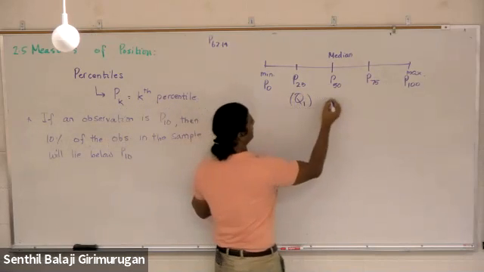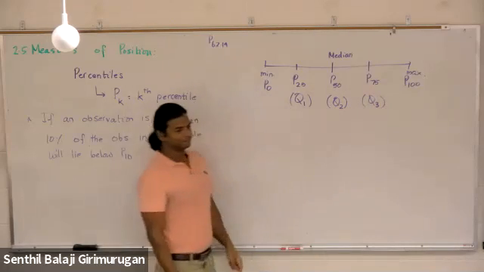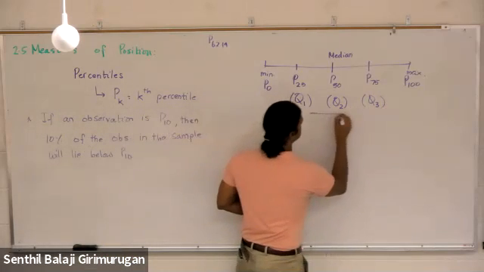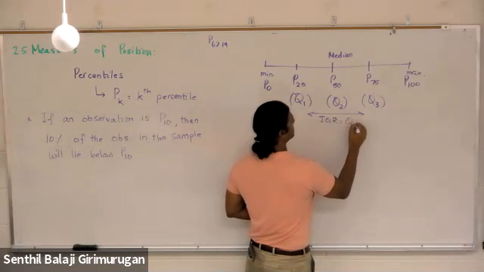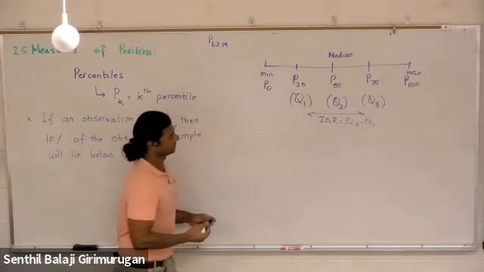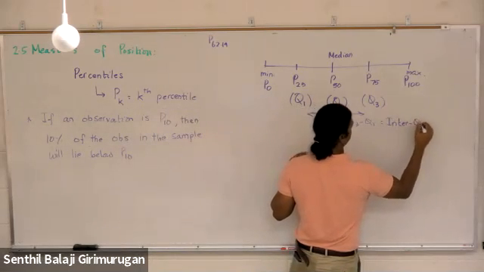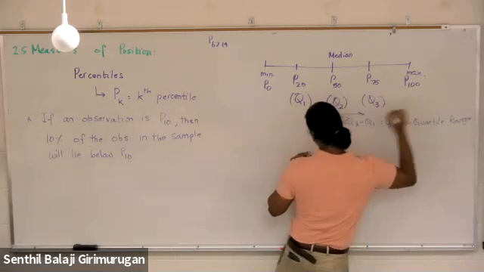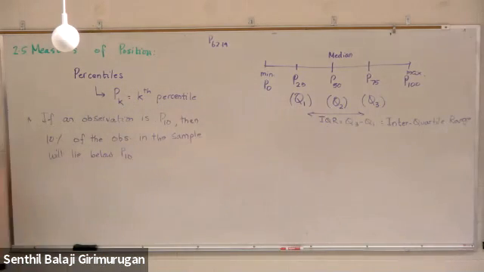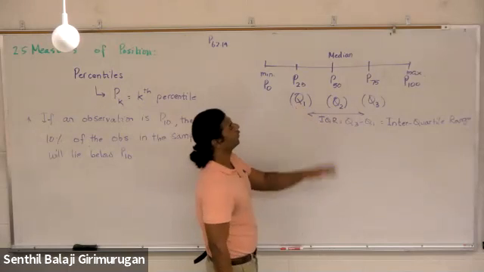So first quartile, second quartile, third quartile. The distance between the third and the first is called the interquartile range. The interquartile range is a measure of variation, just like the standard deviation, but this is just more accurate because it involves percentiles.